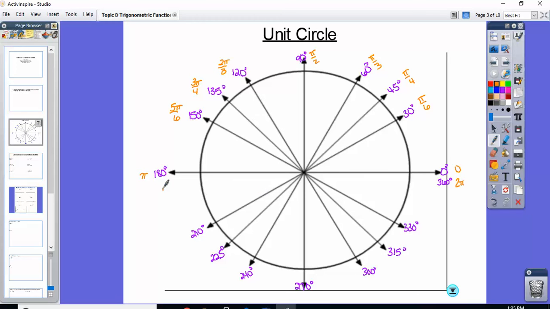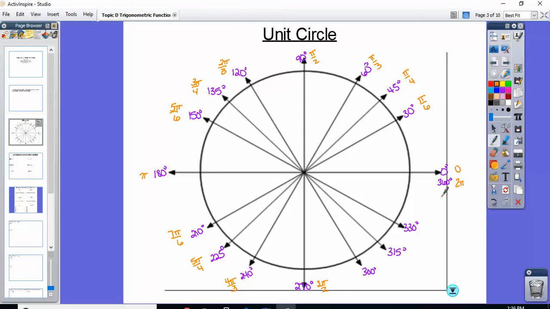Quadrant 3, it's like taking pi and adding your reference angle, so the numerator is one higher than the denominator. 7 pi over 6, 5 pi over 4, 4 pi over 3, 270 is 3 pi over 2.